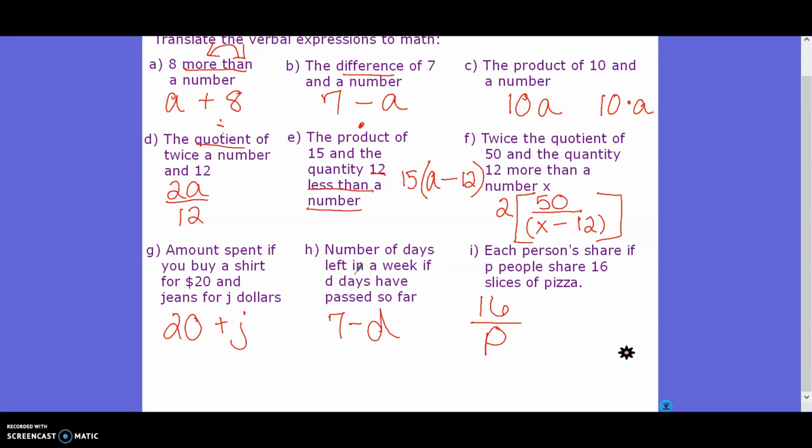So practicing writing word for word without any simplifying, really taking it word by word. Remember that more than and less than, you want to switch the order of what you're being added and subtracted. And the word quantity denotes some parentheses are needed or grouping.